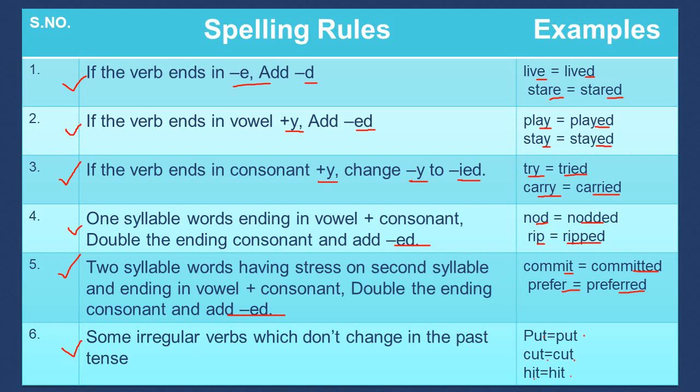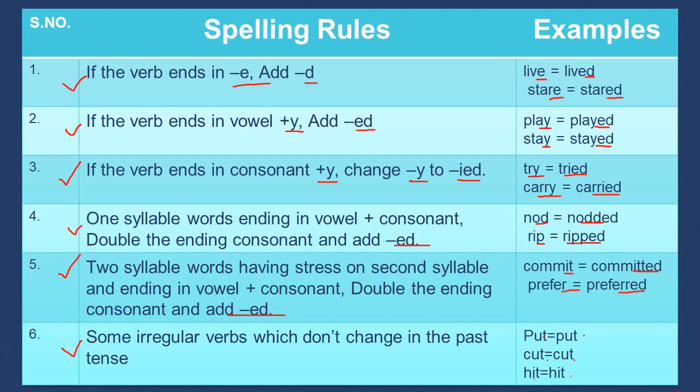Rip, ripped. Number 5, two syllable words having stress on the second syllable and ending in vowel plus consonant: double the ending consonant and add ED. For example, commit, committed, prefer, preferred.